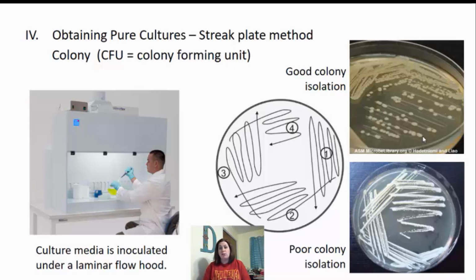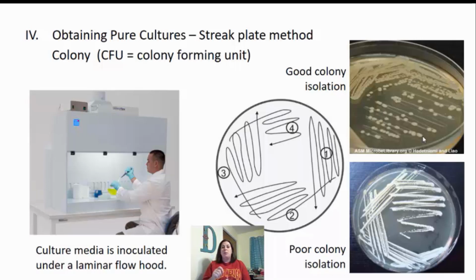The way that you do a streak plate method is that you take your broth or whatever you're taking your sample from, and you place it in your field number 1, and you streak it, normally using a sterilized Q-tip. Then you're going to take your inoculating loop, you're going to sterilize it. Once it is cooled, you're going to streak across it like you see here in number 1. You're then going to sterilize the loop again.